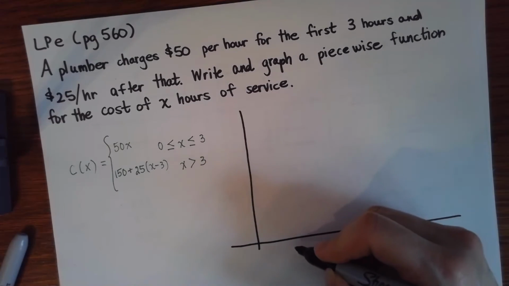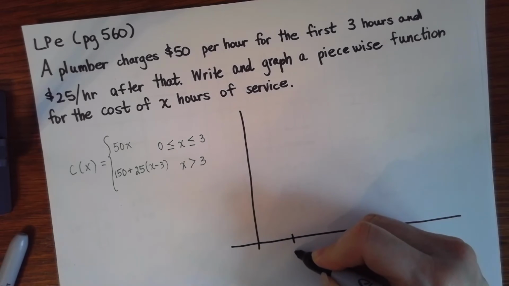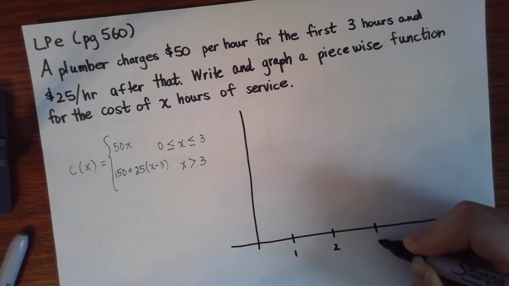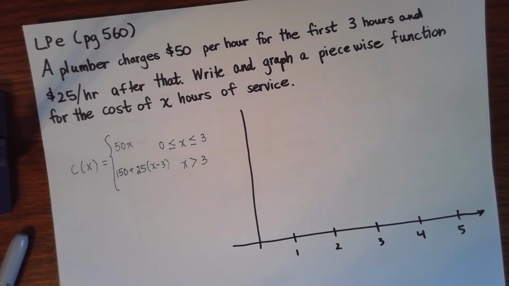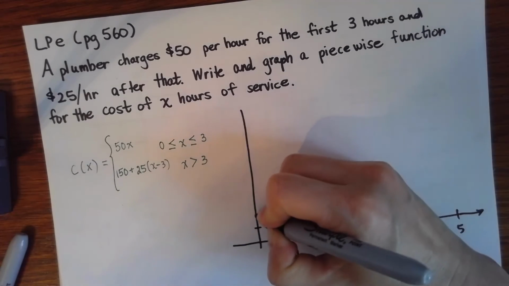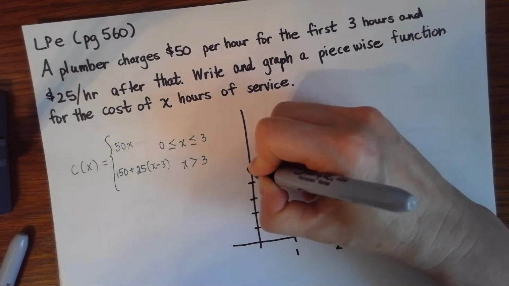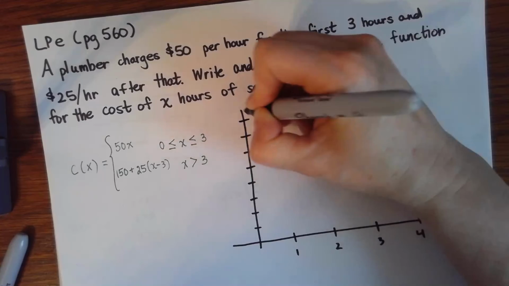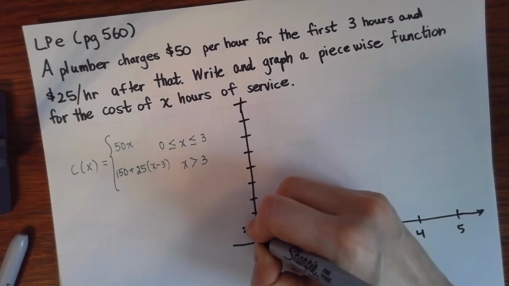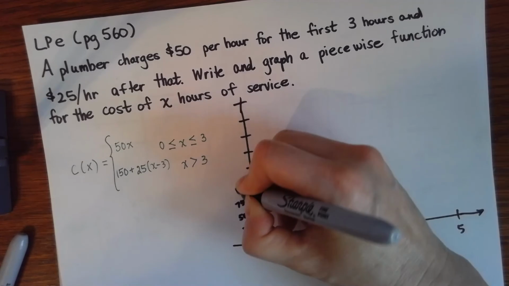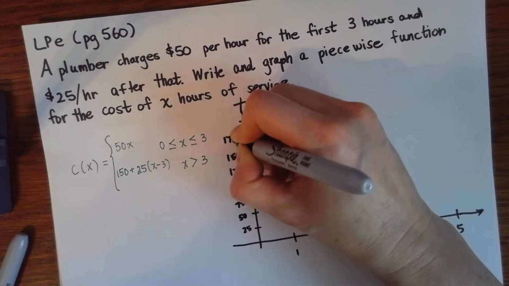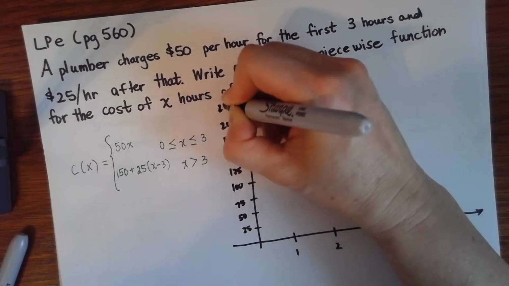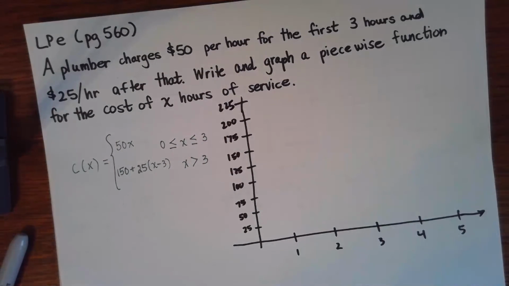So let's say here is going to be 1 hour, 2 hours, 3 hours, 4 hours, 5 hours, and so on and so forth. And then our cost, let's count maybe by 25s. So this would be 25, 50, 75, 100, 125, 150, 175, 200, 225, and so on and so forth it goes.